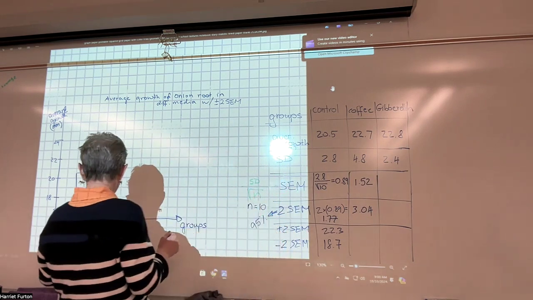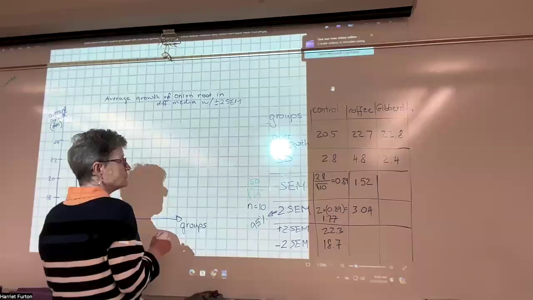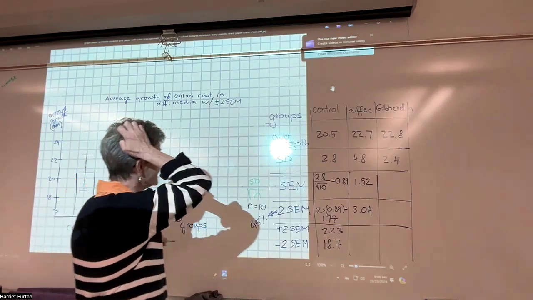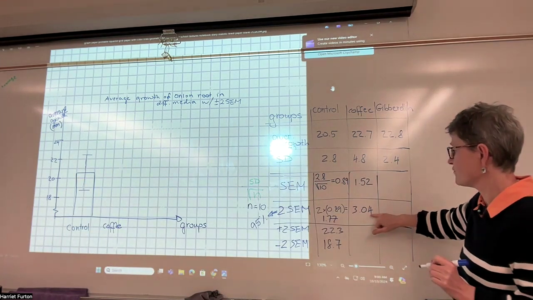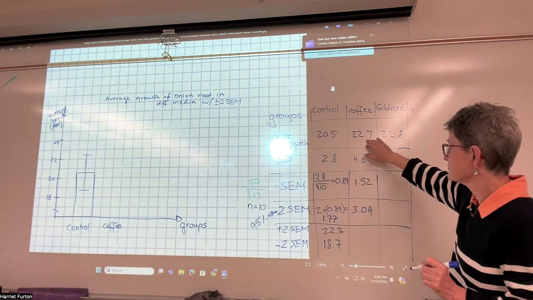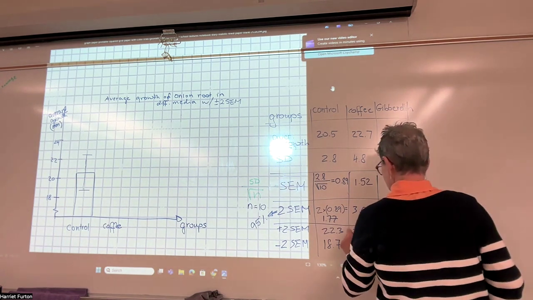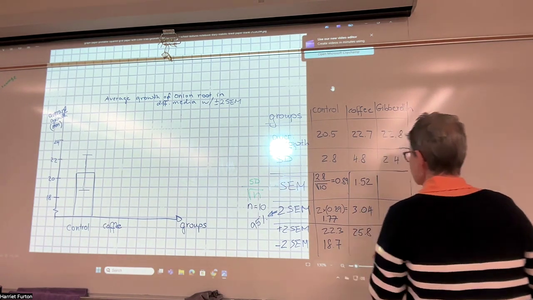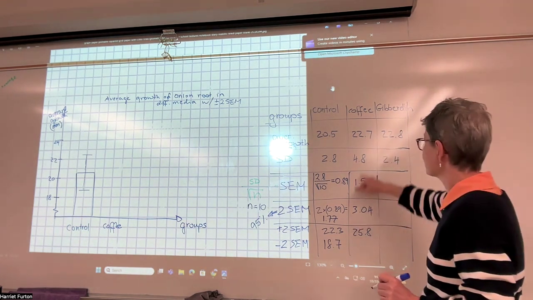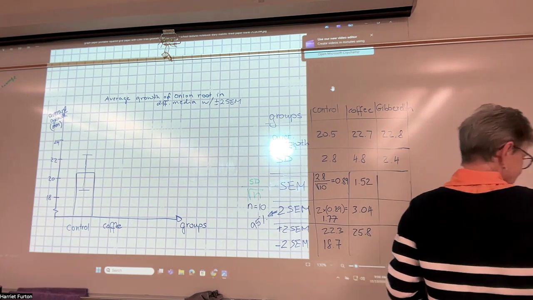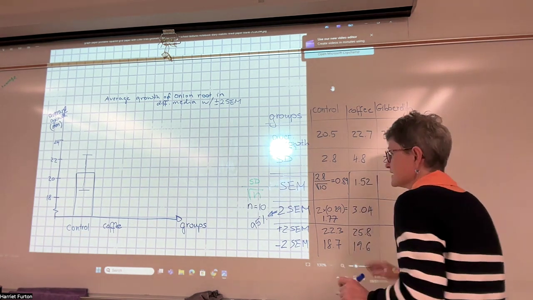The other group is the coffee group. And we do the same: 3.04 plus 22.7 gives us 25.8. And we subtract the 2 SEM from 22.7, and this will give us 19.6.